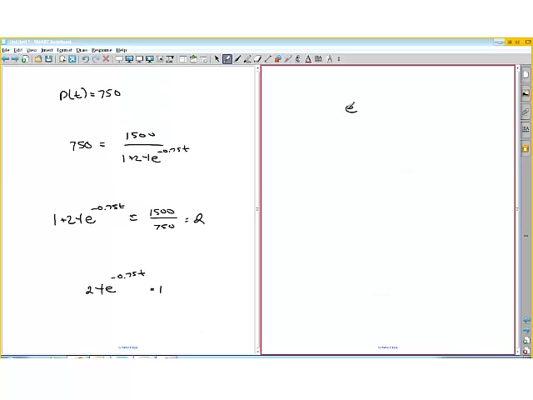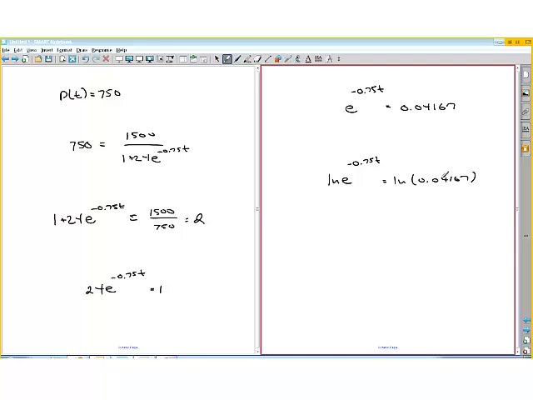Divide by 24, we'll get e to the minus 0.75t is equal to 1 over 24, which is 0.04167. And then we take the natural log of both sides. The natural log of a number between 0 and 1 is always negative.